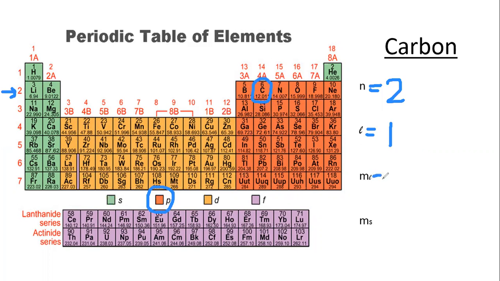Our m sub L can have 3 different values that could be correct. Now we learned that our m sub L is either negative L, 0, or positive L, or anything in between that. So we know that for this, we can either have a -1, a 0, or a +1.